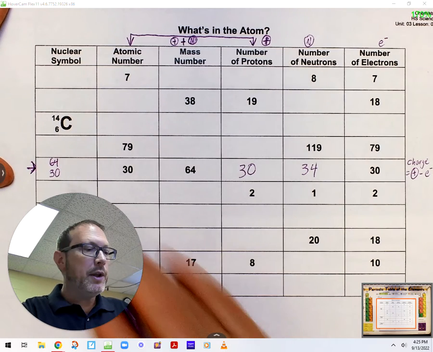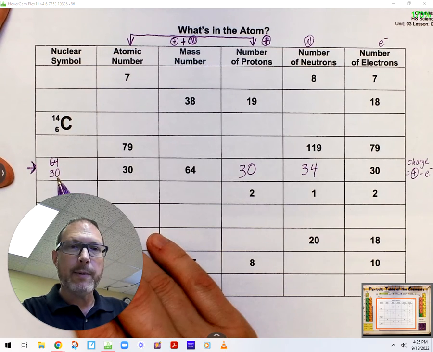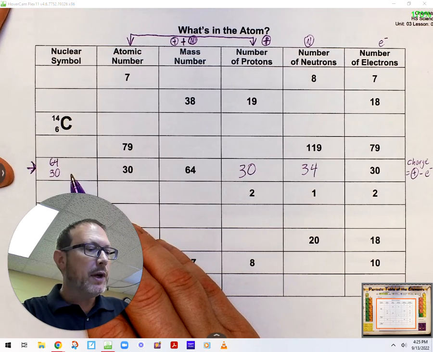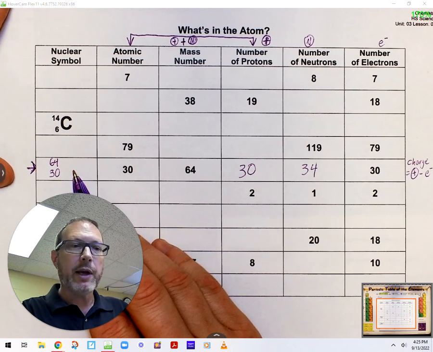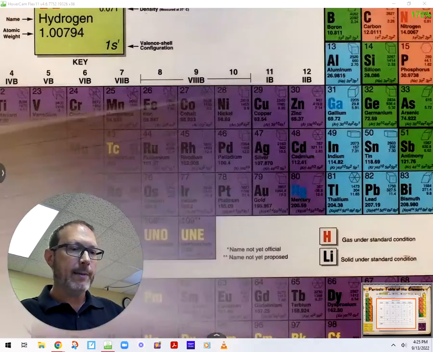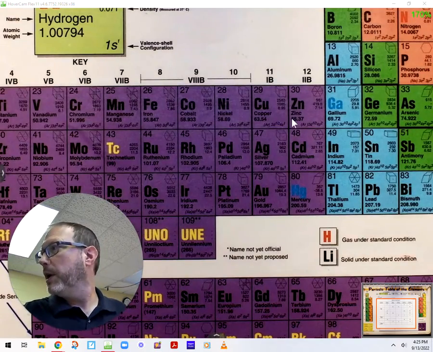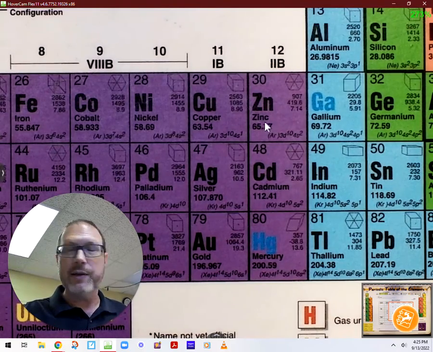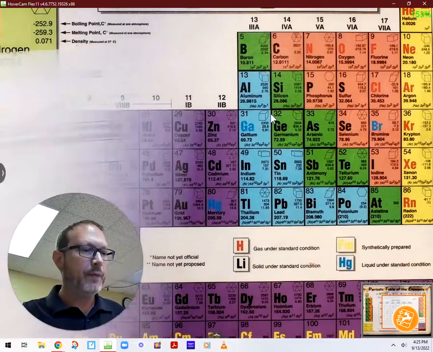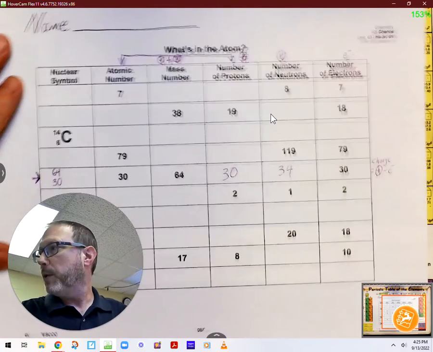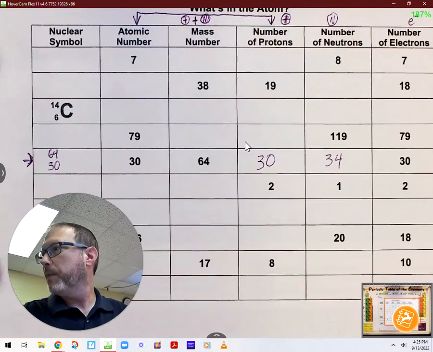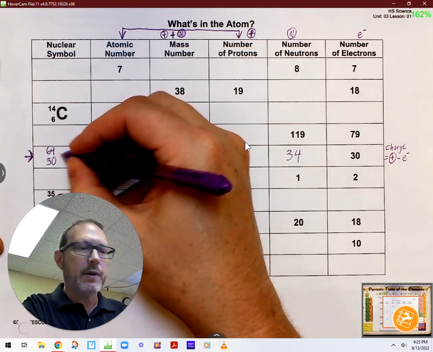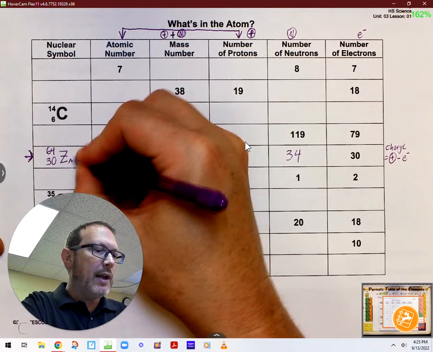And I also know that this bottom number here, the atomic number, is going to tell me what the symbol is going to be. So element number 30, I look for on my periodic table. I just happen to have one right here. And it looks like element number 30 is zinc, and the symbol is Zn. So I come back to my paper. I'm going to go ahead and put a Zn right here.